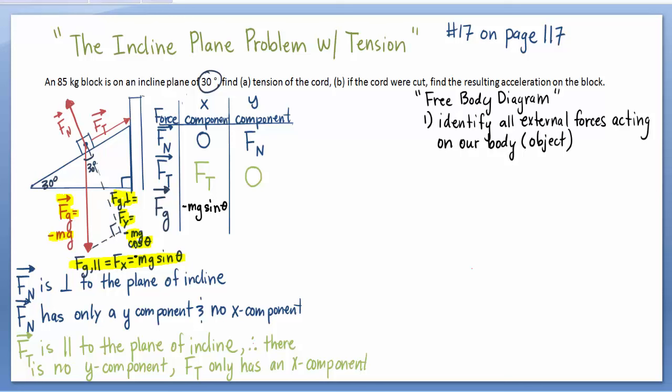Our y component, we're going down from our established axis, so that makes these negative. So this would be negative mg cosine theta. Now we have so far resolved every force into its components.